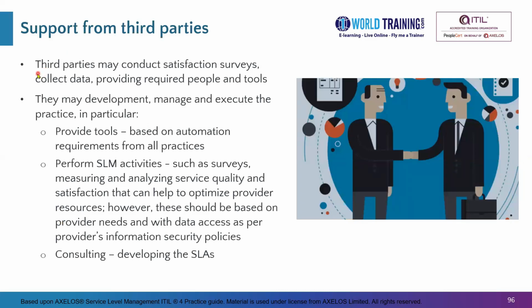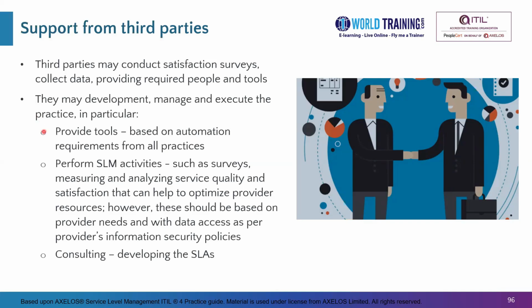Let's take a look at what can third parties really do with respect to this practice. Apart from the few things that we noted earlier, they may conduct satisfaction surveys for the service levels and collect data regarding the service quality, provide the required people and the tools, automation tools that is, and they can also develop the practice, manage the practice, execute the practice, though I mentioned earlier that the entire practice cannot be handed over to the third party.